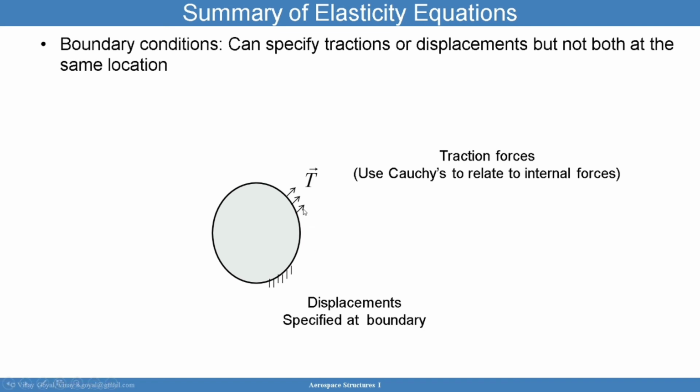We can specify either tractions or deflections, but we cannot specify tractions and deflections at the same location. So for example, at this location, we have the boundary fixed. We can't possibly also specify tractions at the surface. Generally speaking, we can then take these tractions and relate them to quantities inside the body.